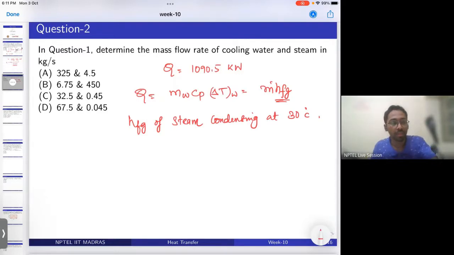I hope everybody is aware of how to use the steam table. Otherwise you can directly search on the internet for the properties of steam.